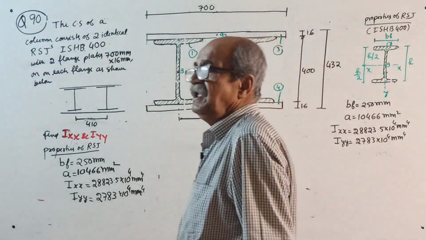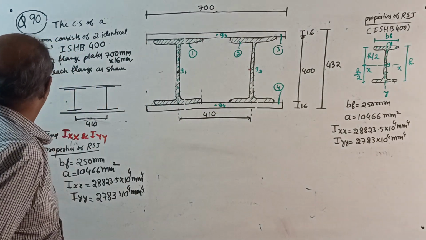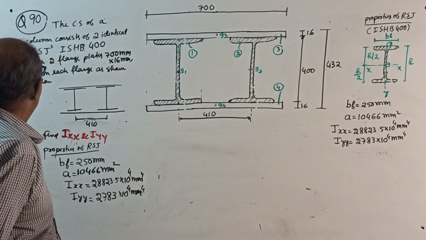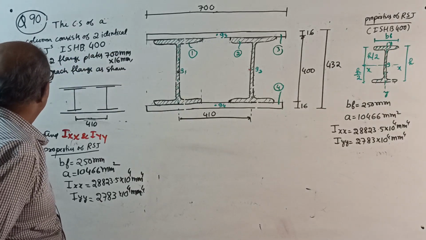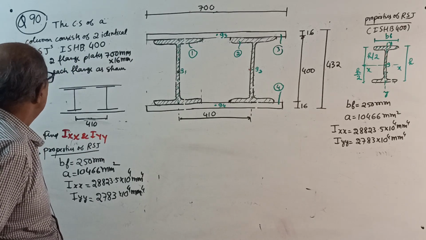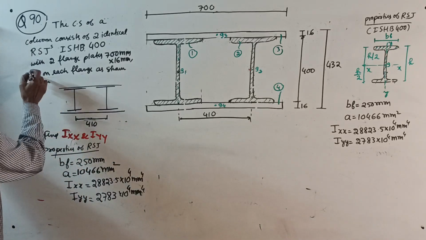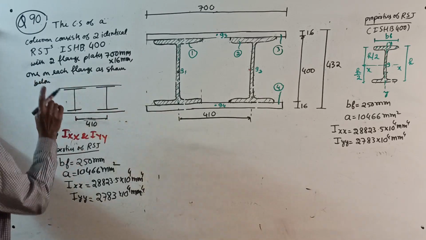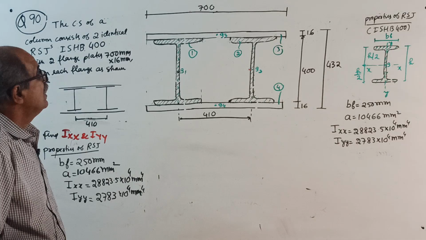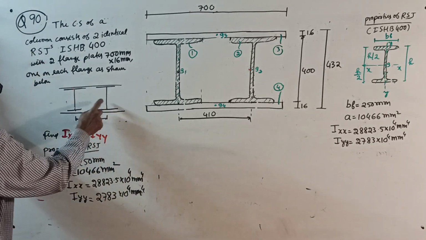Now, question 90, I will read the question once again. The cross-section of a column consists of 2 identical RSJs, ISHB 400, with 2 flange plates, 700 mm by 16 mm, 1 on each flange, as shown below. Okay. Now, two I sections are placed here.